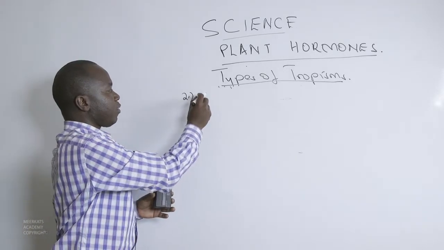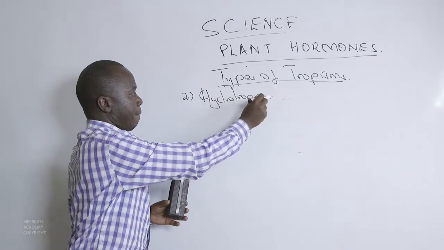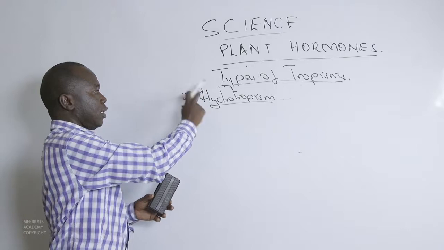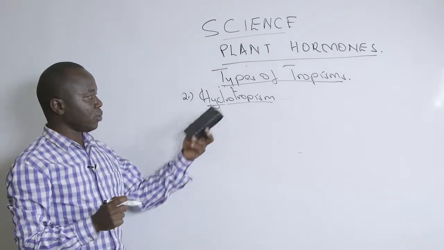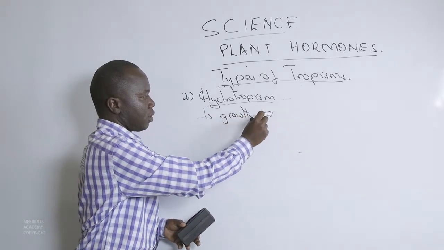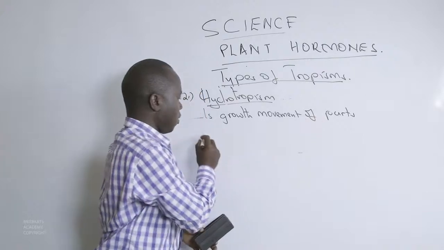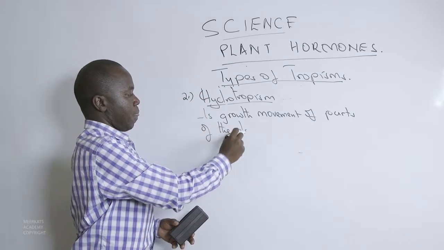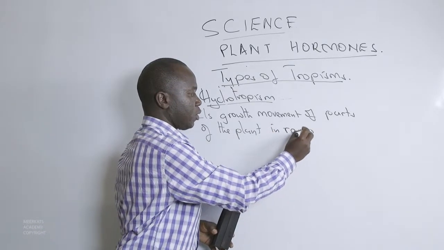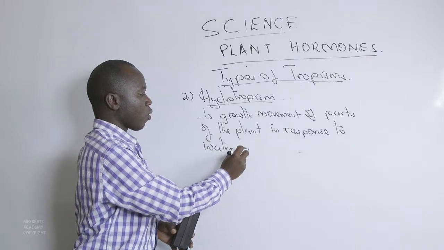Then 2, we have hydrotropism. That's the same way we have defined phototropism. The only thing that has changed here is the stimulus. The stimulus is water. It is growth movement of parts of the plants in response to water or moisture.